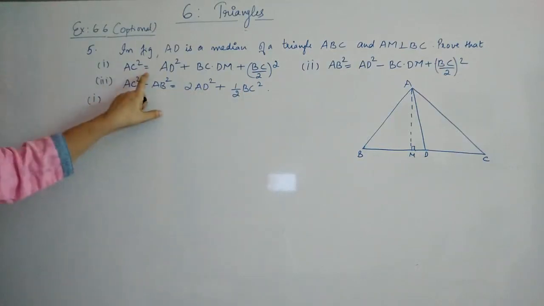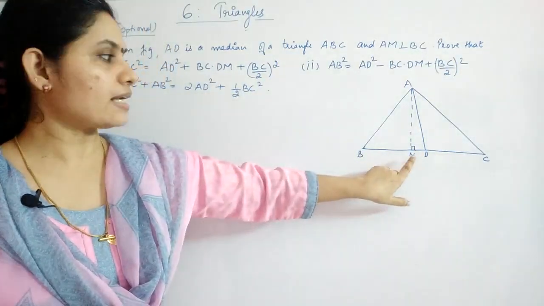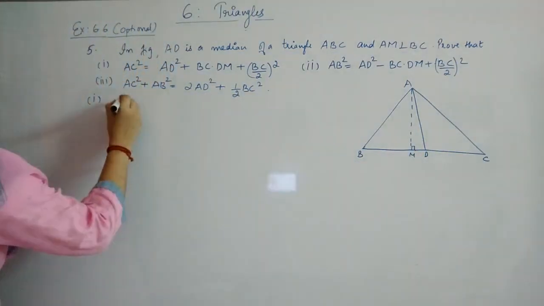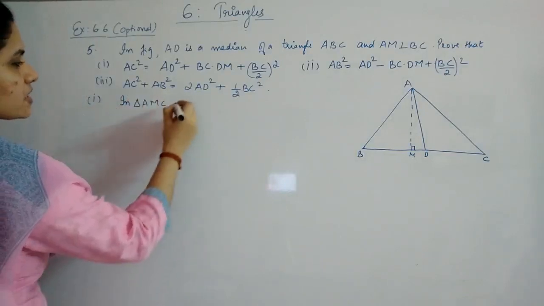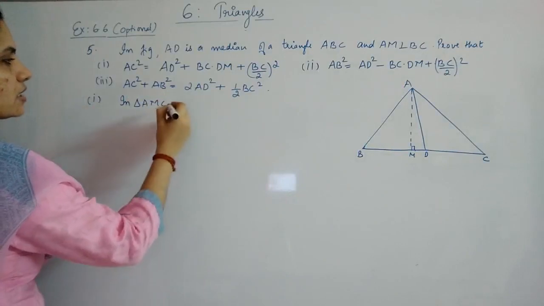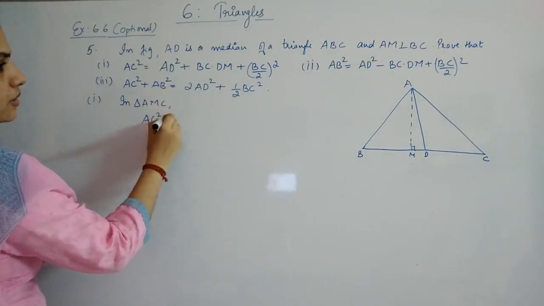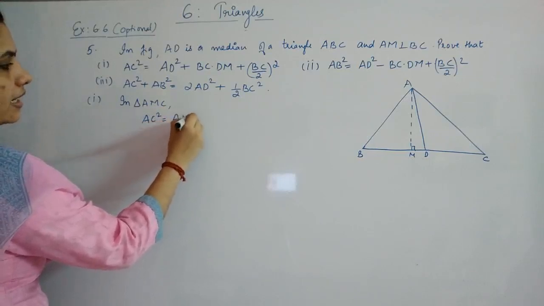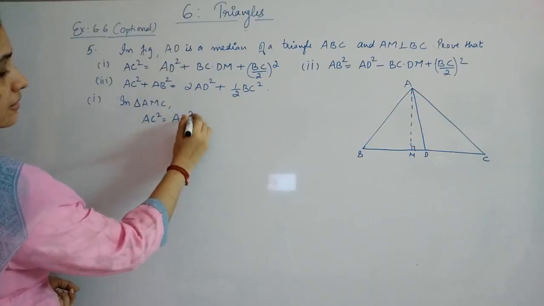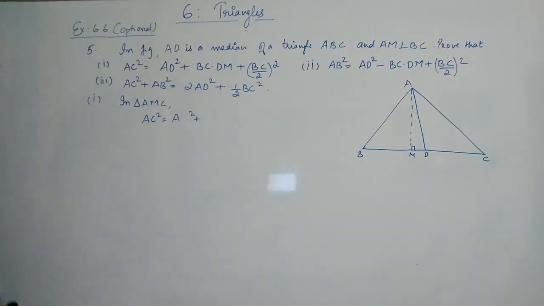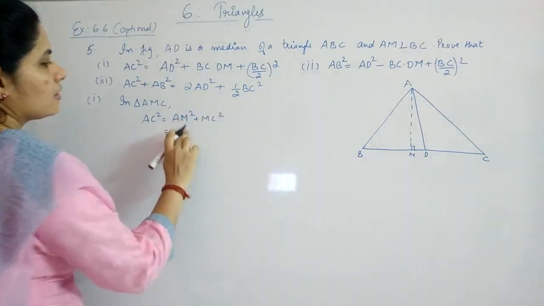For that we are considering the triangle AMC, which is right angled at M. So in triangle AMC, which is right angled, using Pythagoras theorem, you will get AC square is equal to AM square plus MC square.